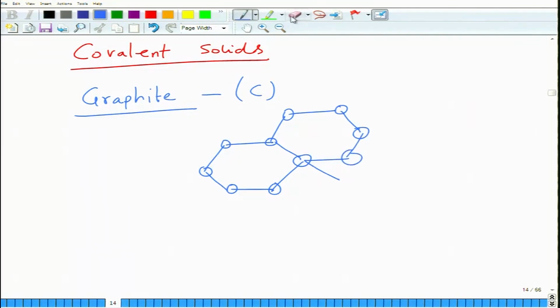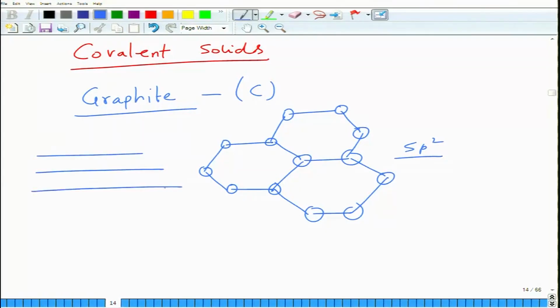So we can see that each atom has how many neighbors? If you look at this, it has 3 neighbors. So this is an sp2 hybridized structure, and each of these layers. When you put these layers together and look at the cross section, this is one carbon layer, this is another carbon layer.